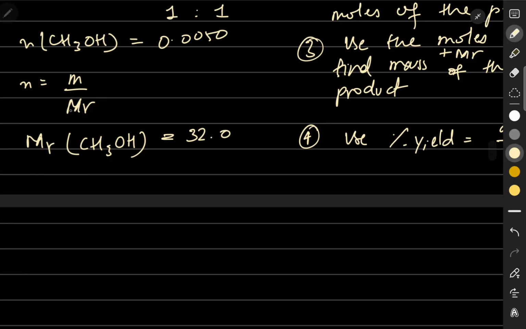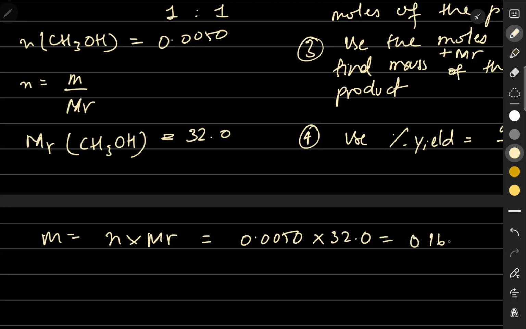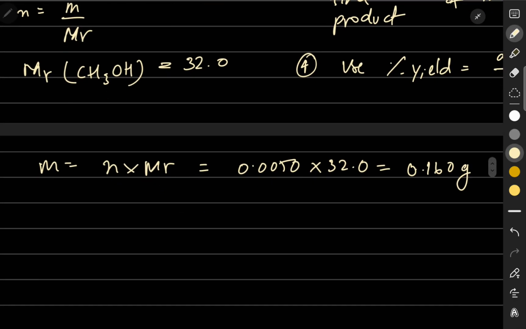Making M the subject, I'm going to get n times MR, which is going to give me the theoretical yield. This mass of CH3OH is the theoretical yield. So that's going to be 0.0050 times 32.0, and that should give me 0.160 grams. All right, I have the theoretical yield here.